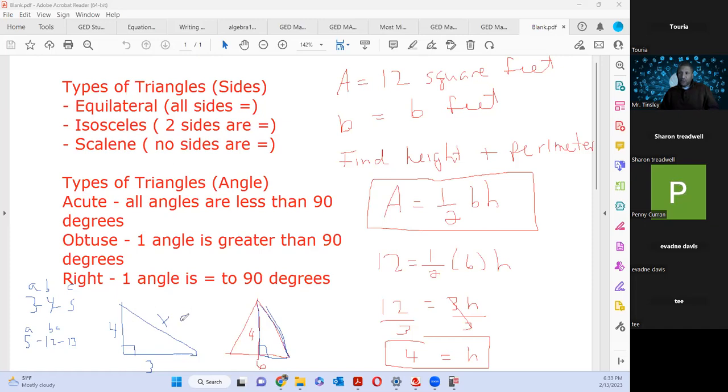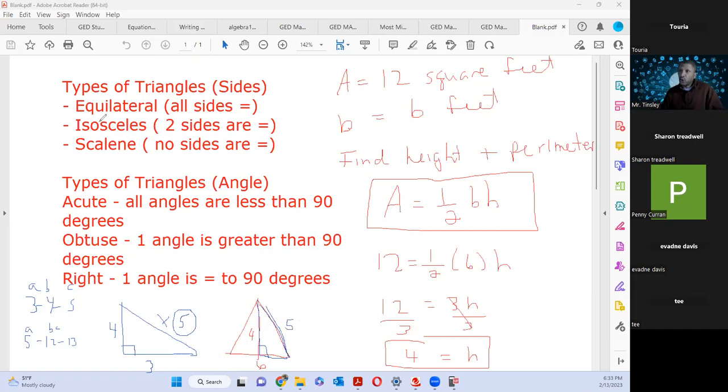That makes the hypotenuse 5. And again, a squared plus b squared equals c squared. This is why this is a difficult problem. But if you recognize that this is a 3, 4, 5, the fact that both legs are 3 and 4 makes the hypotenuse 5. So now I know that this is 5.